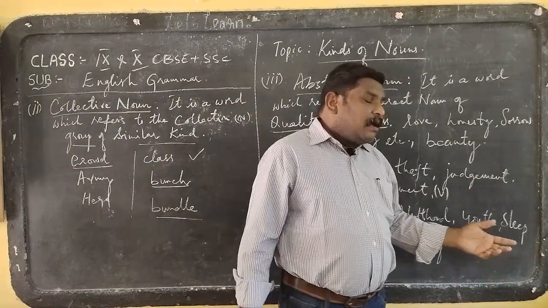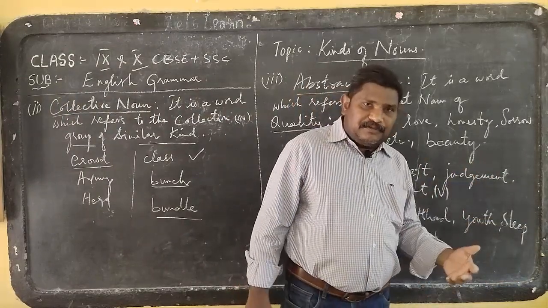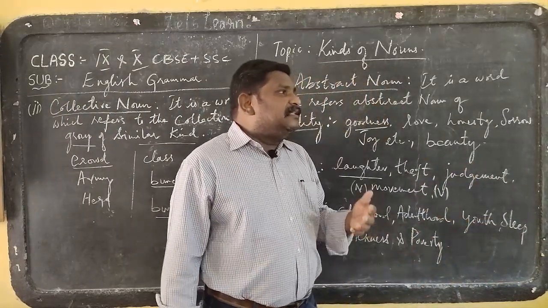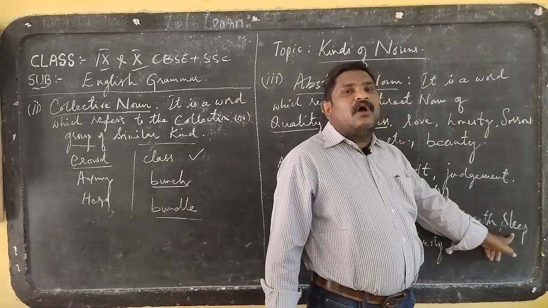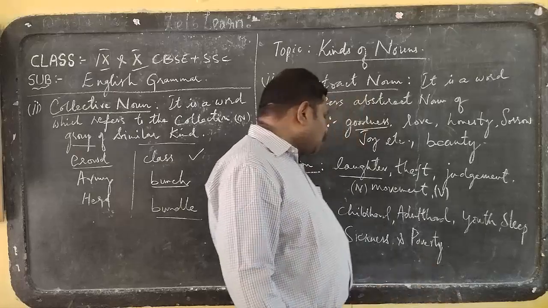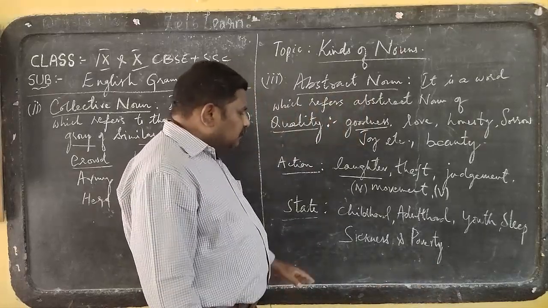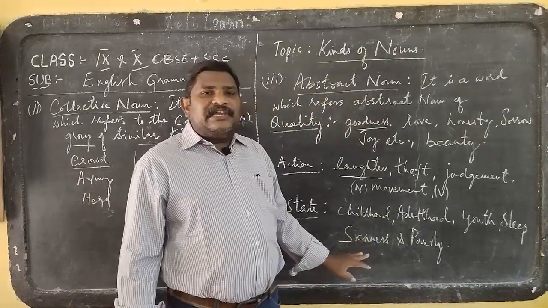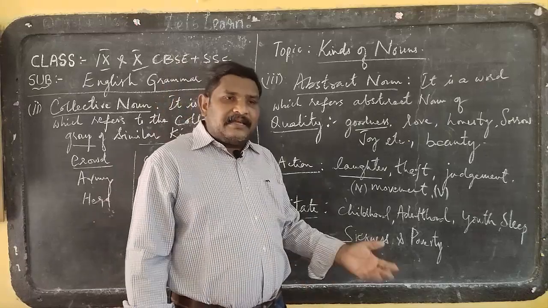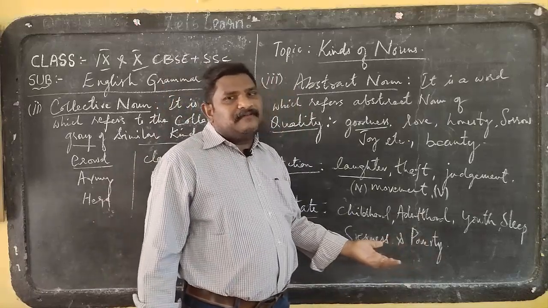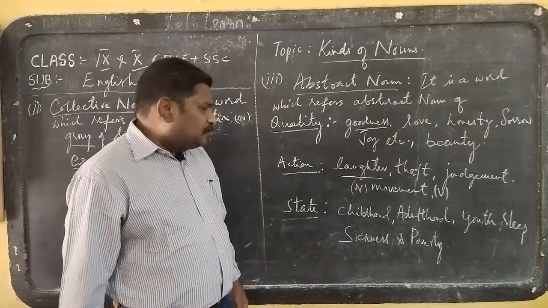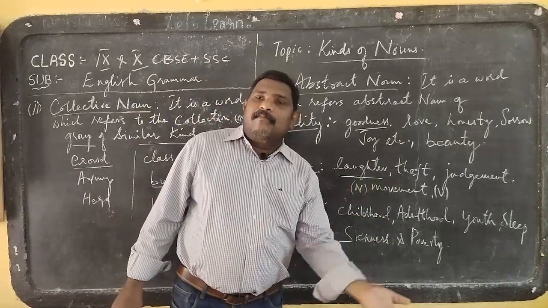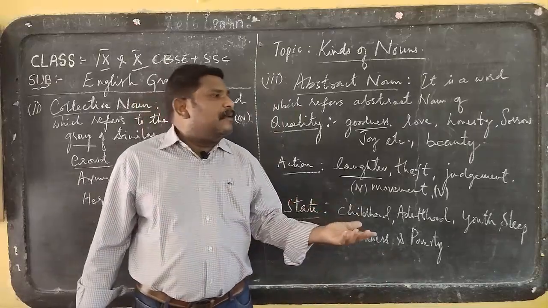Sleeping is a verb, but if I say, he is in deep sleep, sleep is a noun, an abstract noun of state. Next, sickness. Being sick is a different part of speech, but sickness falls under abstract noun of state. Poverty. He is a poor man.